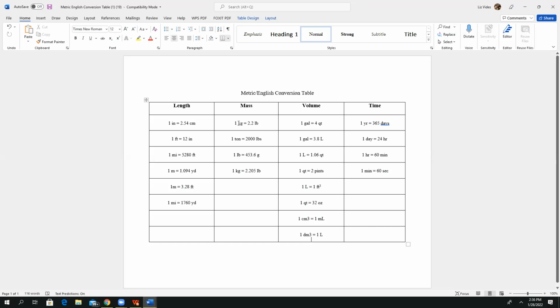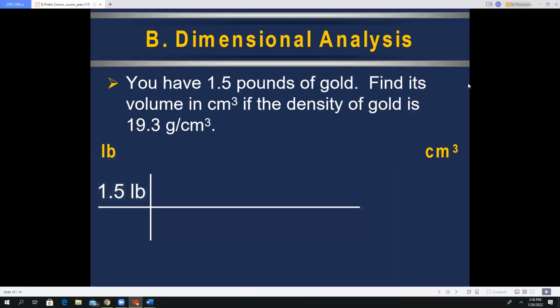I have pounds and kilograms here, and I also have pounds and grams. So I would use this one because it's shorter. That's just me. But we have it, but they are not giving it to us. So they're using the kilogram one.